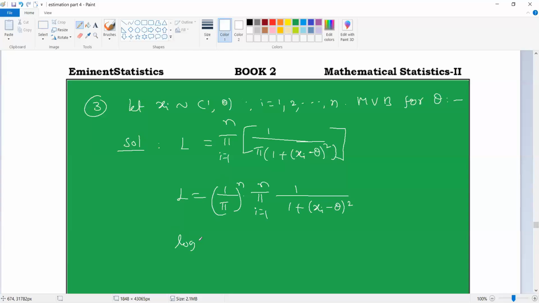Take log on both sides. Log L is equal to minus n log pi, which is purely constant, plus log of the product.